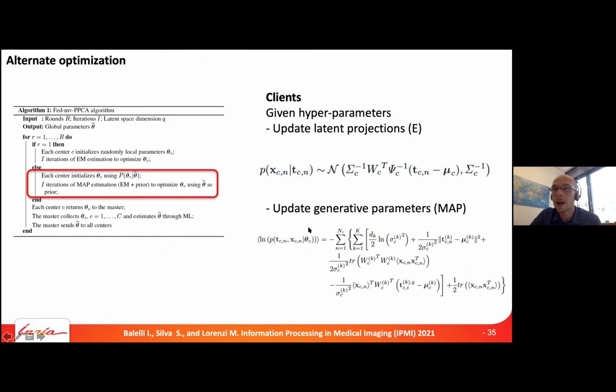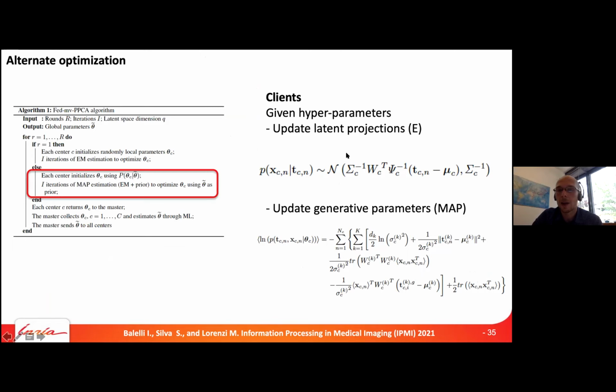As in probabilistic PCA, we use expectation maximization. At the client side, we have the E step, where we define the latent given the observation, which are Gaussian under the classical Gaussian assumptions of PPCA.